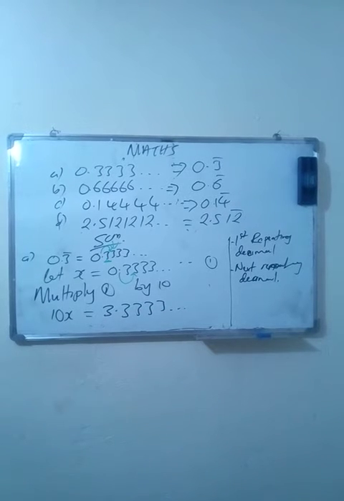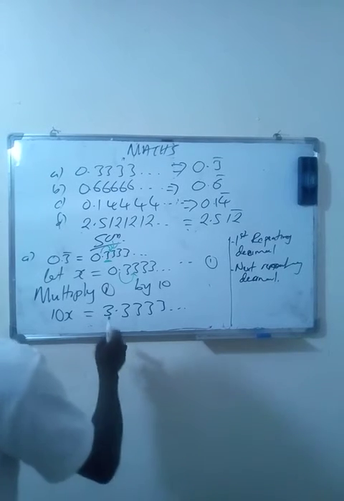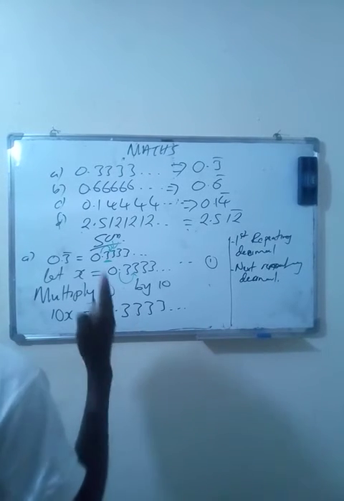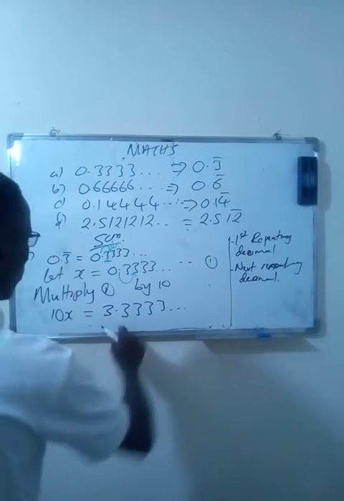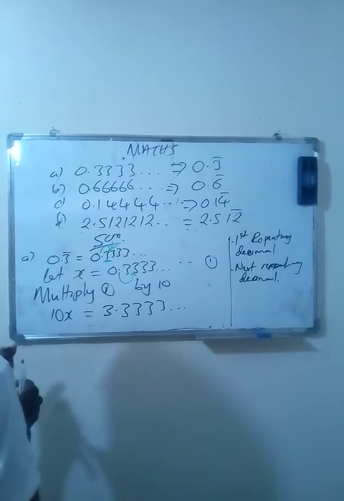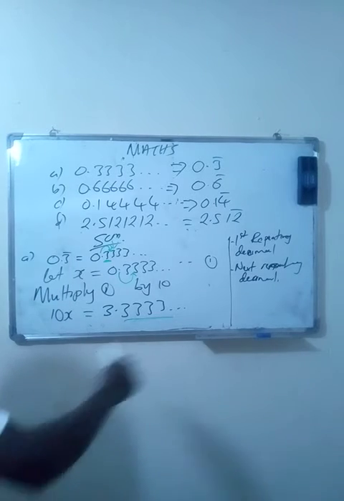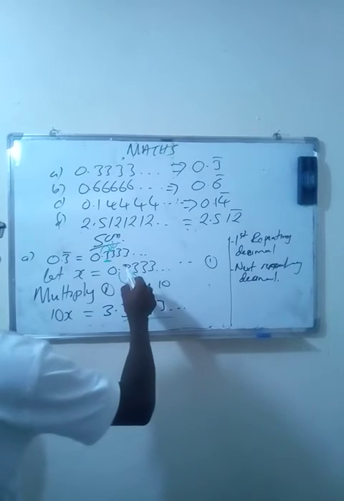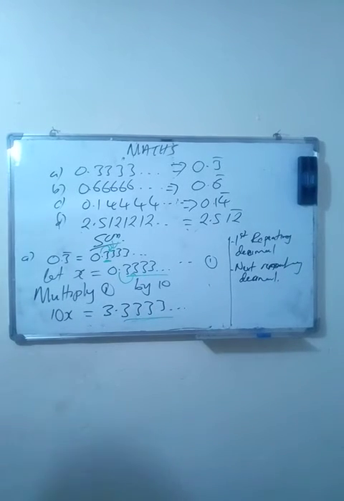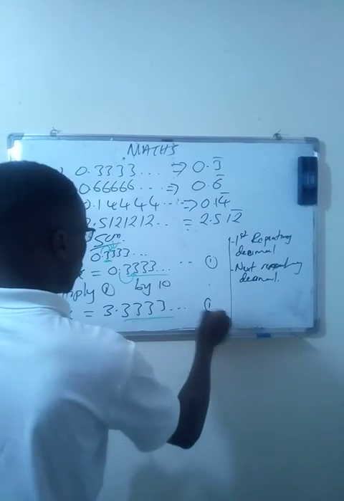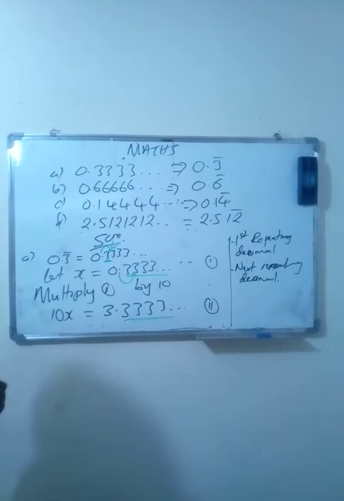What I want you to notice is that after we multiply by 10, on the right hand side of the decimal point, those are the same numbers, the threes. Once we reach such a point, we can now go ahead and subtract equation 1 from equation 2.